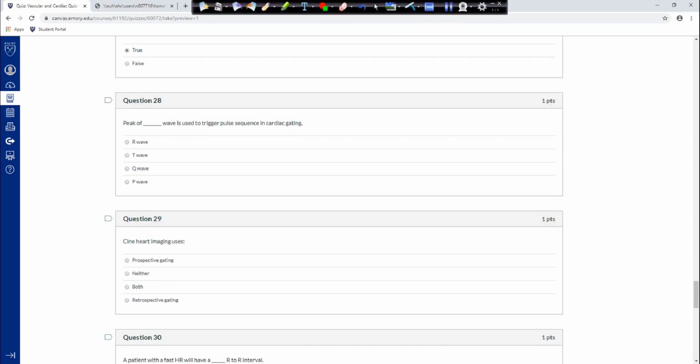All right. So last little bit is going back over that cardiac stuff we covered a couple weeks ago. Which peak triggers the pulse sequence? R wave. So if you had to draw your waves, this is what it looks like.